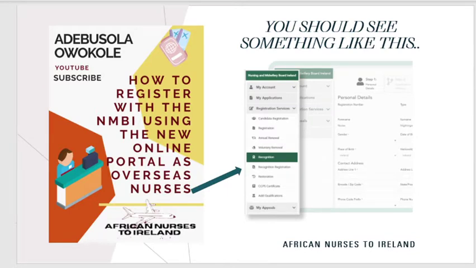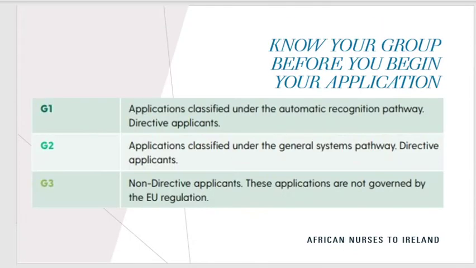You should see something like this. If you check the green highlights, it says recognition. That's where it's going to be asking you a series of questions to prove that you are eligible. It's always good to know your group before you begin your application. Group 1 applicants means that these applications are classified under the automatic recognition pathway.